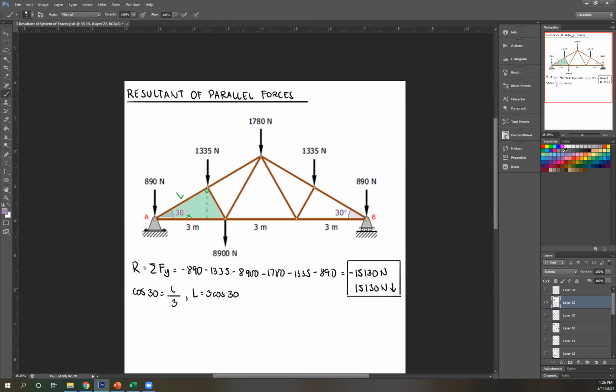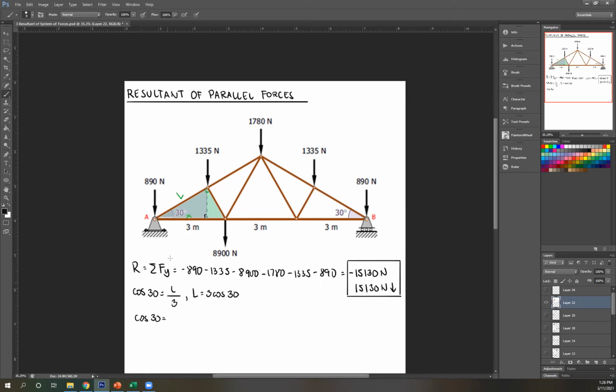And then to solve for x, just consider this smaller right triangle, right? Again, using this angle, I've solved for L, which is now the hypotenuse of my smaller right triangle. And then I'm looking for this, which is adjacent to that angle. So I'm going to use cosine again.